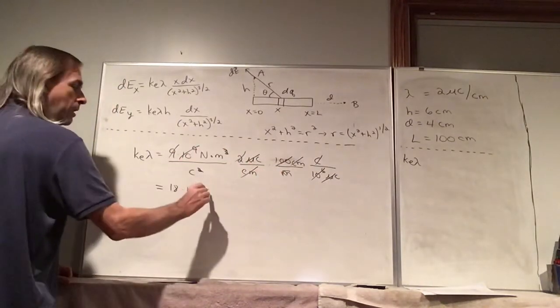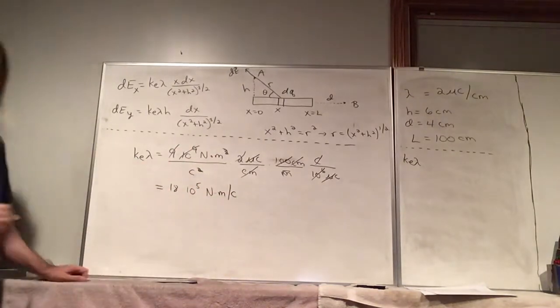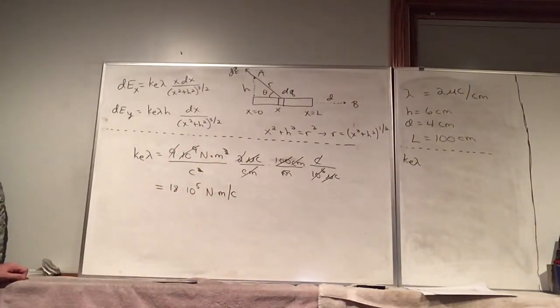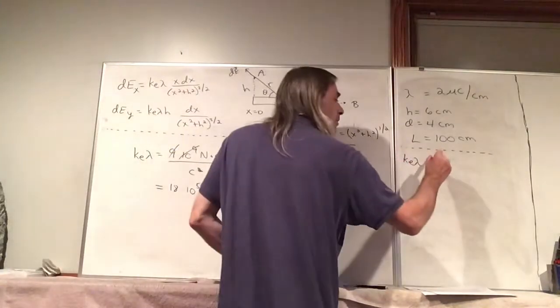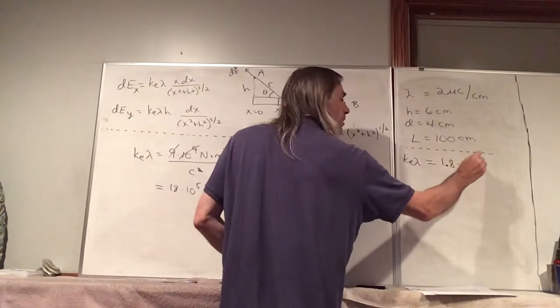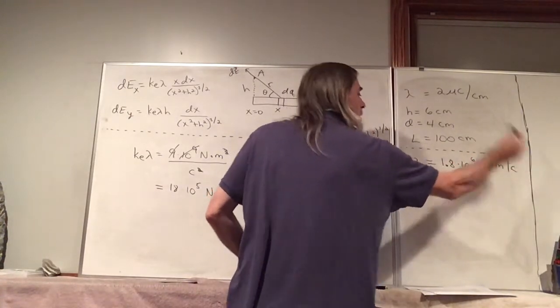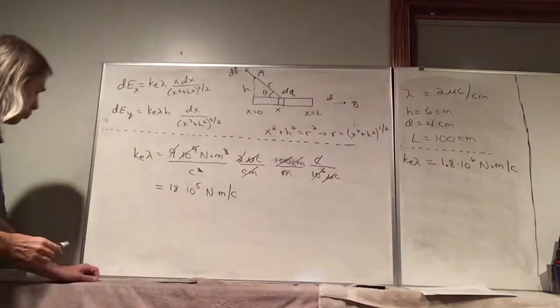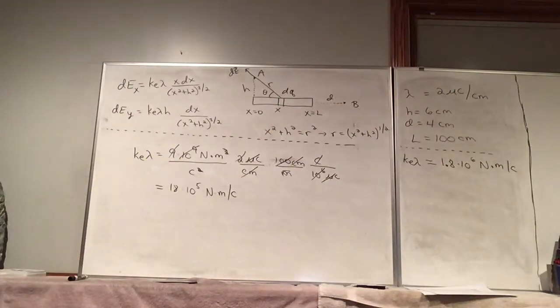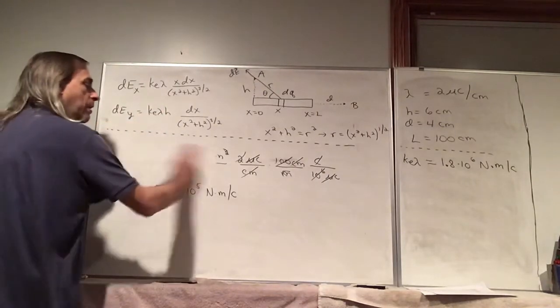So we have Newton meters per coulomb. And we can write this in scientific notation. We have 1.8 times 10 to the 6 Newton meters per coulomb. Okay, because we have that in both terms, let's do that off to the side.